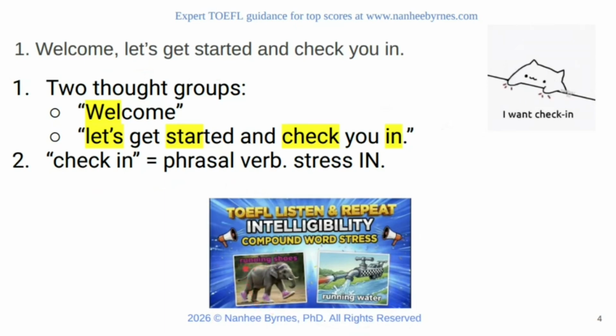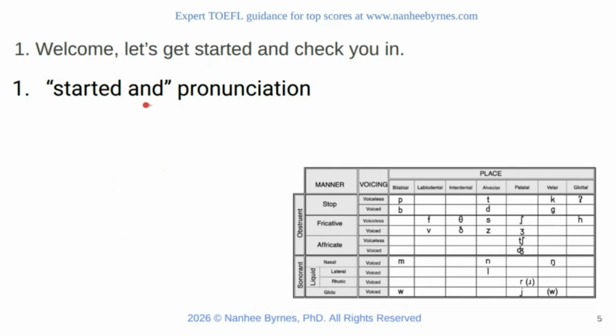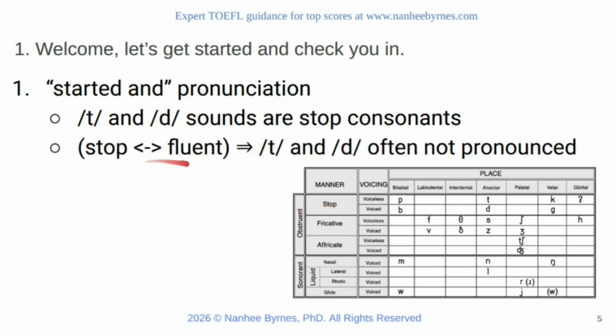Pronunciation tip. The phrase started and often sounds like started in. In phonetics, t and d sounds are stop consonants. That means the airflow stops briefly and then releases. But in fast, fluent speech, native speakers often reduce or delete stop sounds to keep the rhythm smooth.